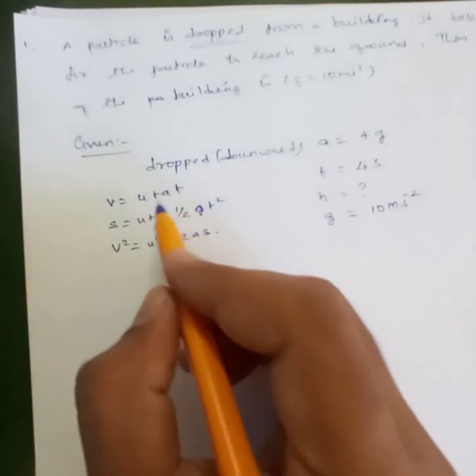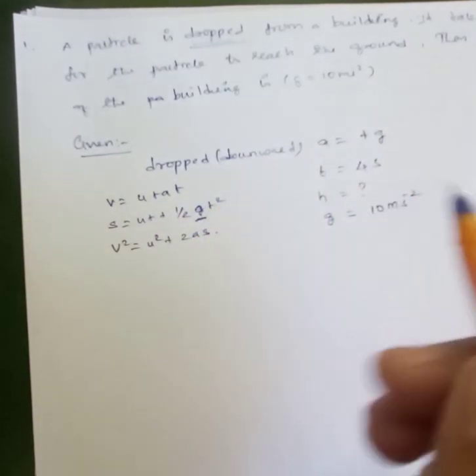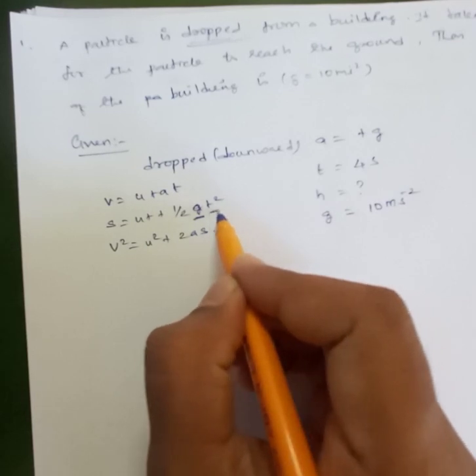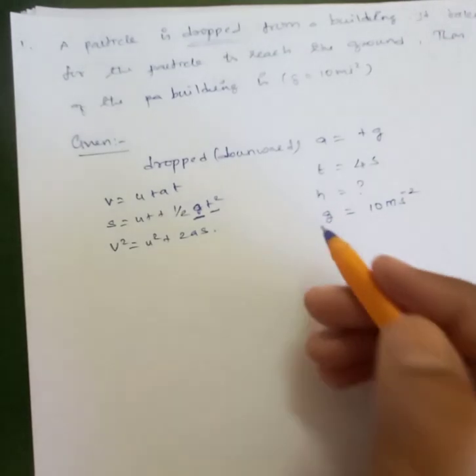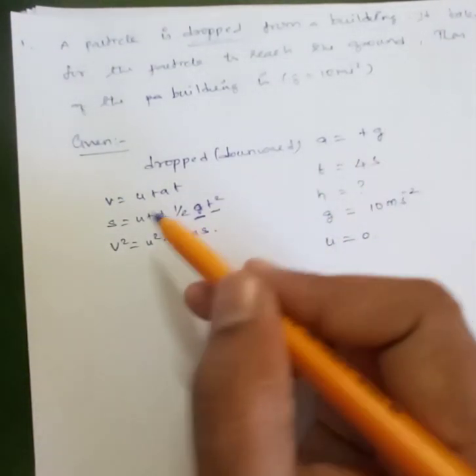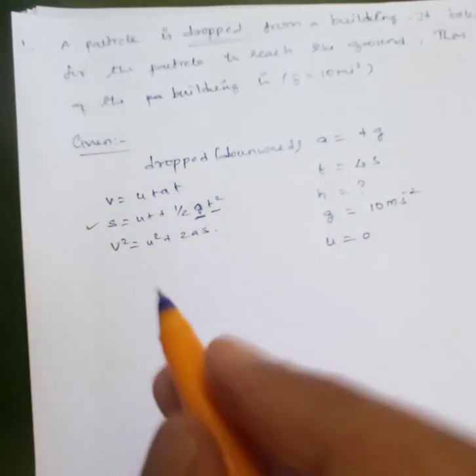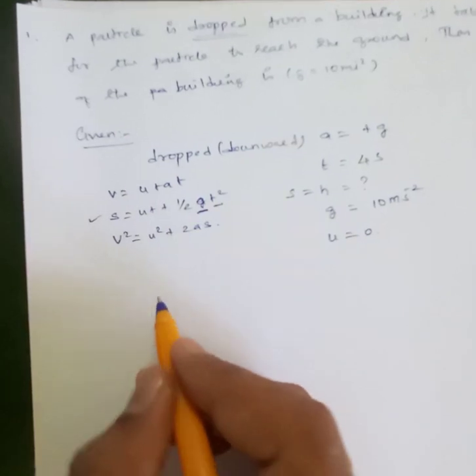Here they give a and t. Of course, the particle is dropped from a building, so u is equal to 0. So this is the suitable equation, where s is equal to height h.